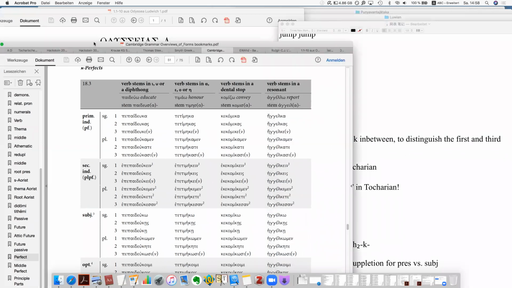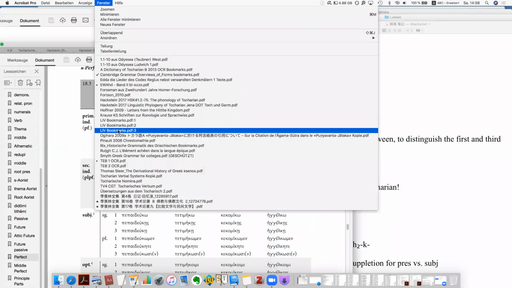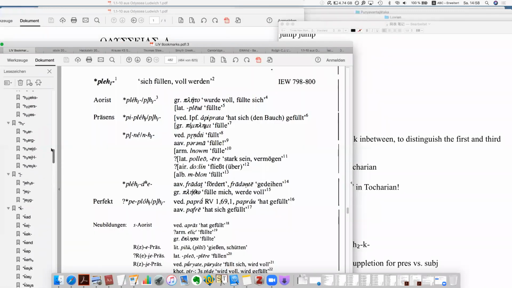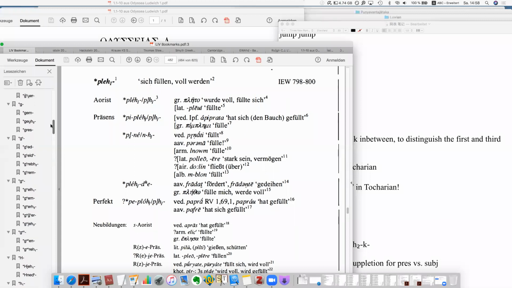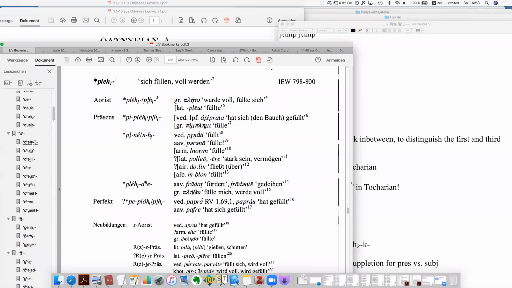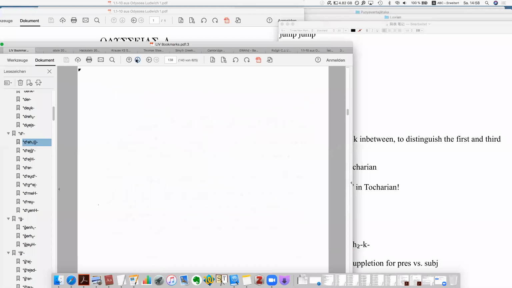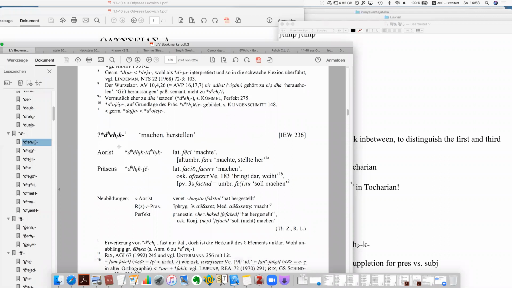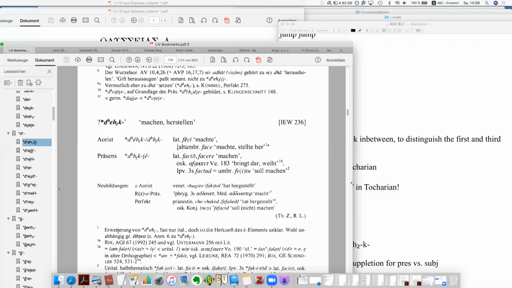We find it in the Latin root here. This is a root extension added to another, simpler root, deich, and then you have deik, and this is the origin of the Latin word vacuo.